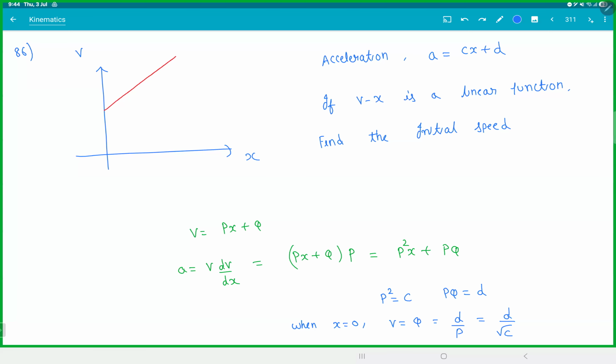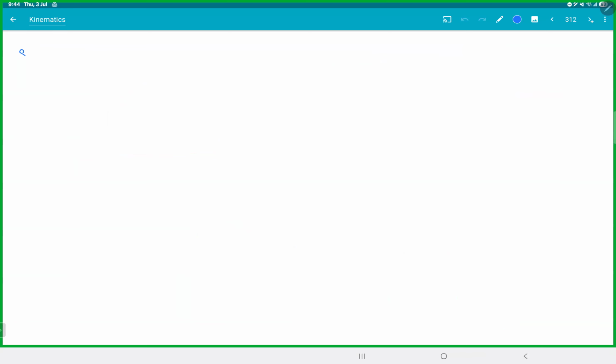Next one. Let's say we have a graph between x and 1 by v. Like I said, it's all non-standard graphs. It's not between x and v, it is a graph of x and 1 by v. And the graph is looking like this. This point is 2. This point is 8.